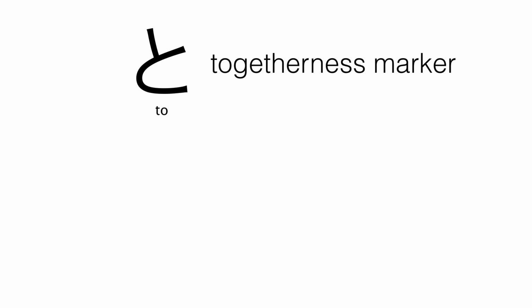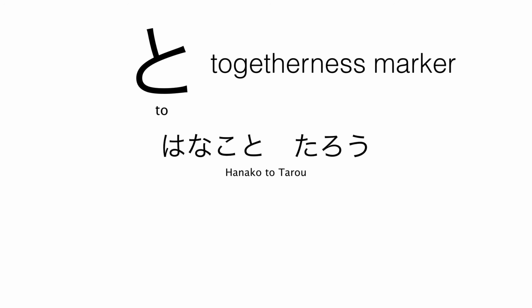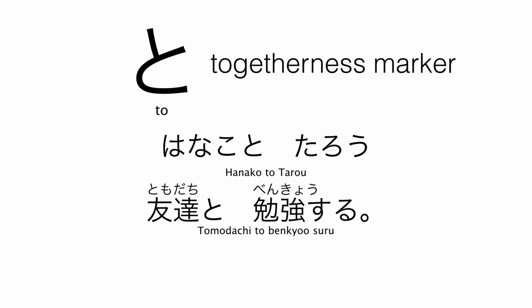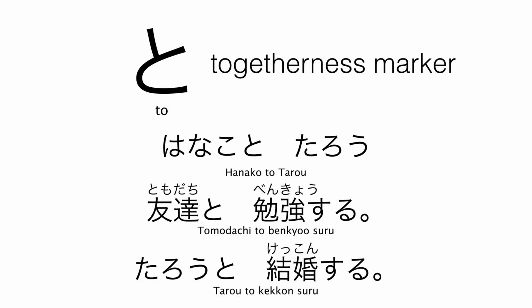This usually translates to either and or with in English. Let's look at some examples. 花子と太郎。友達と勉強する。太郎と結婚する。So the first example is very simple. It's not even a sentence. It's a phrase.